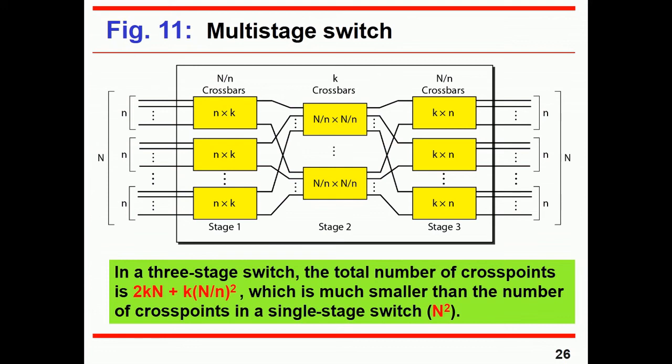In a 3-stage switch, the total number of cross points is 2kn plus kn divided by small n square, which is much smaller than the number of cross points in a single stage switch. So there are different stages, and in multi-stage switches, the number of switches required is comparatively much less than the single stage switch.